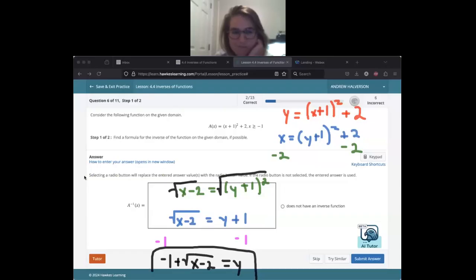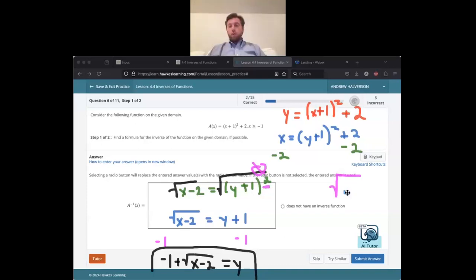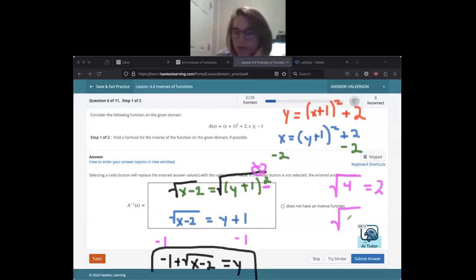Yeah, that's because here the square root symbol and the square cancel with each other. Just like the square root of 4. What's the square root of 4? 2. It's 2 squared. What's the square root of 2 squared? 4.